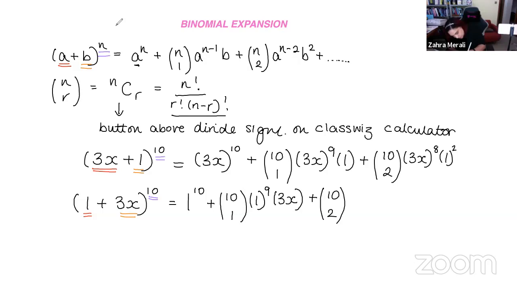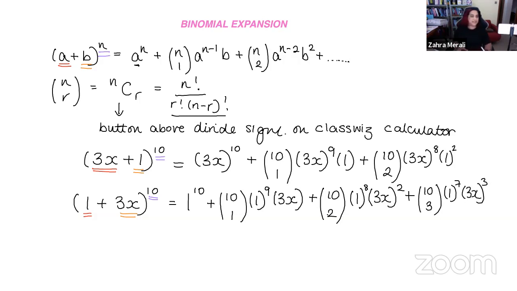Right, 10C2, 1 to the power of n minus 2. So essentially what you're doing is you're doing this minus this. So you get 8. Then you're going to have 3x and it's all squared. That's the important thing. It's the whole of that b squared. And now following the pattern, we've got 10C3, 1 to the 7, 3x cubed.